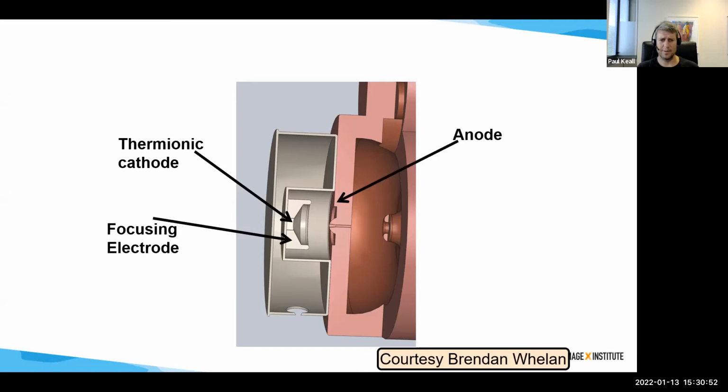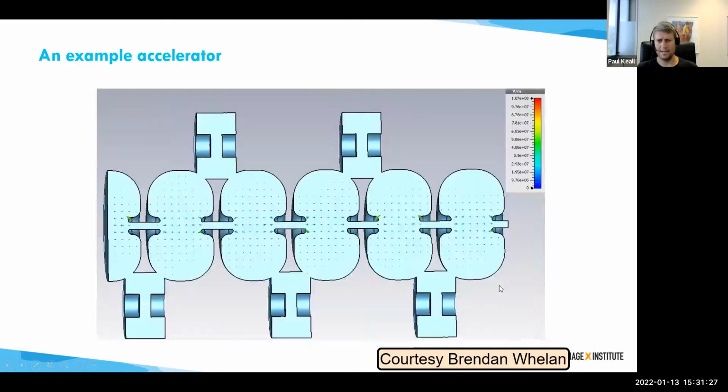We heat up a cathode to 1,000 or so degrees and apply an electric field, for example of tens of kilovolts, between the anode and the cathode, and so the electrons will be accelerated across a gap, in this case creating an electron beam. The electron beam is then accelerated through an accelerating structure as shown.